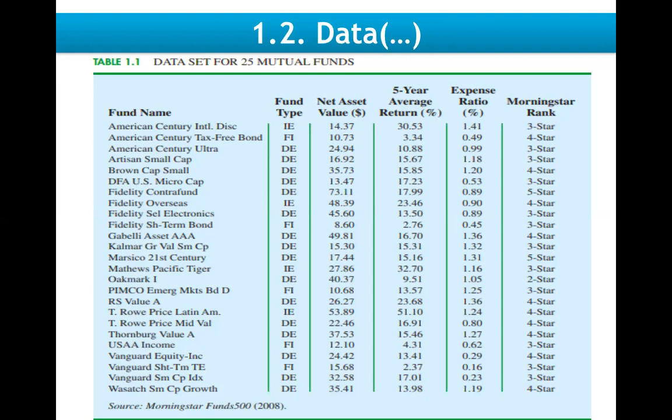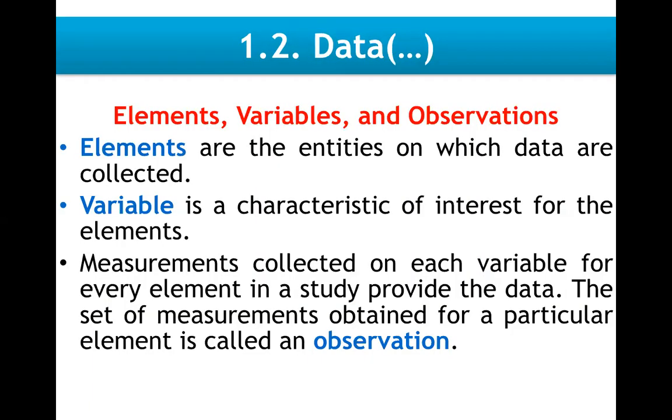The fourth variable is the expense ratio in percentage, which gives us the percentage of assets deducted each fiscal year for fund expenses. And finally, we have Morningstar rank as a fifth variable, which gives us the overall risk-adjusted star rating for each fund.